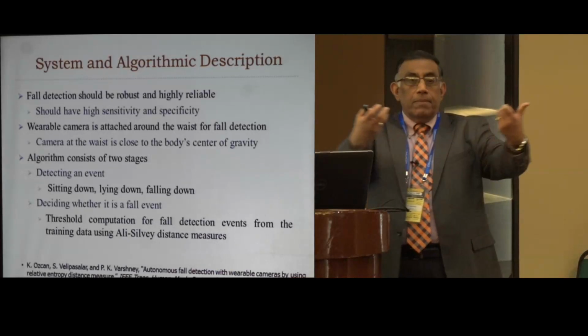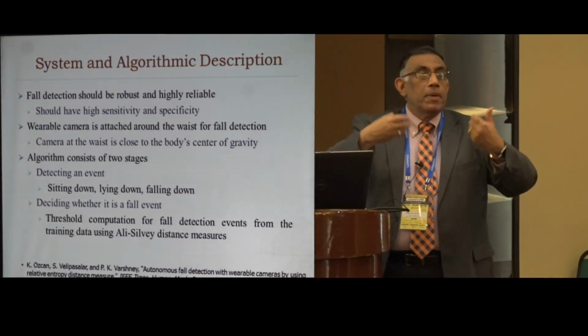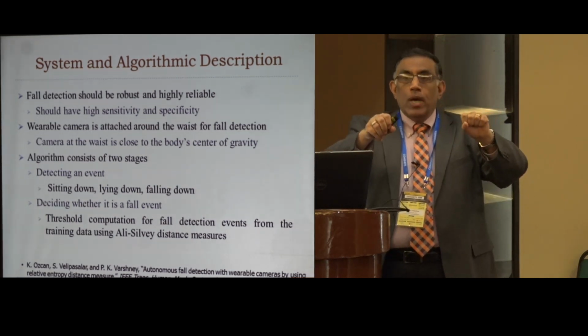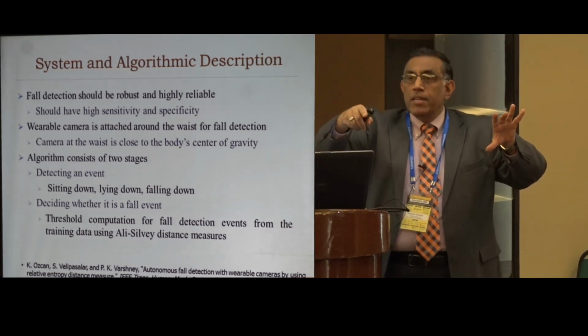The threshold at which you decide fall or no fall is based on something called Ali-Silvey distance measures. This characterizes the distance between two probability density functions. So what you have is an event, fall, and the complement, no fall.